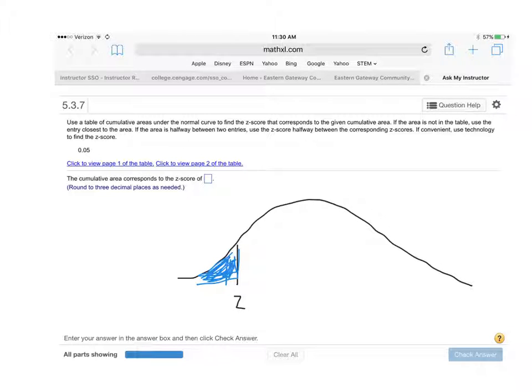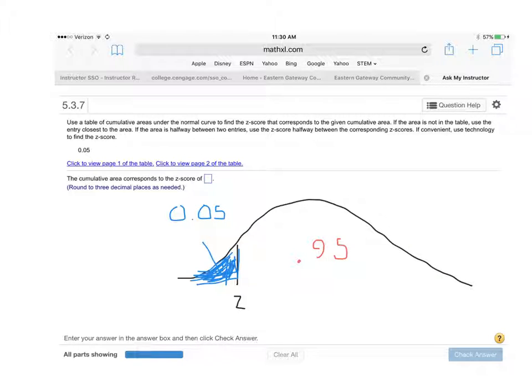Now in this particular problem, the cumulative area that's given to us is 0.05. That basically means that 5% of all observations are at or below that z-score, and the remaining 95% are above.